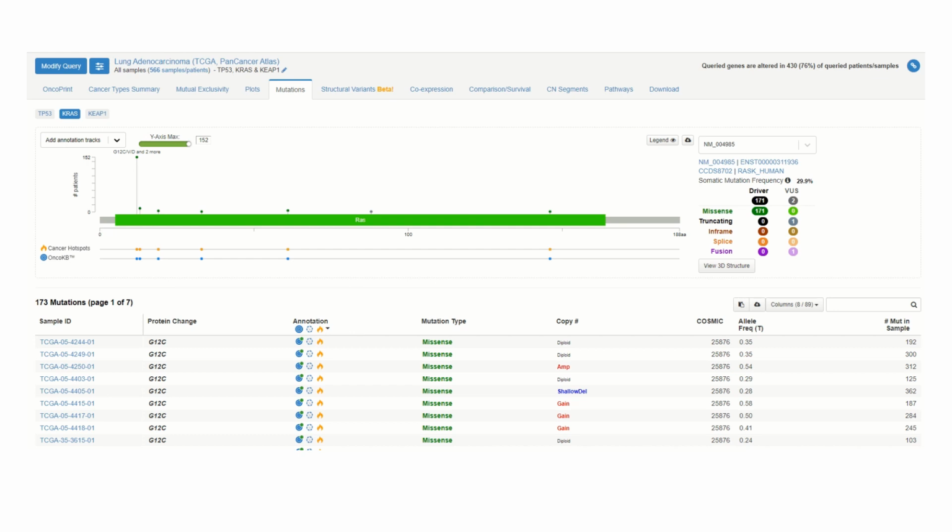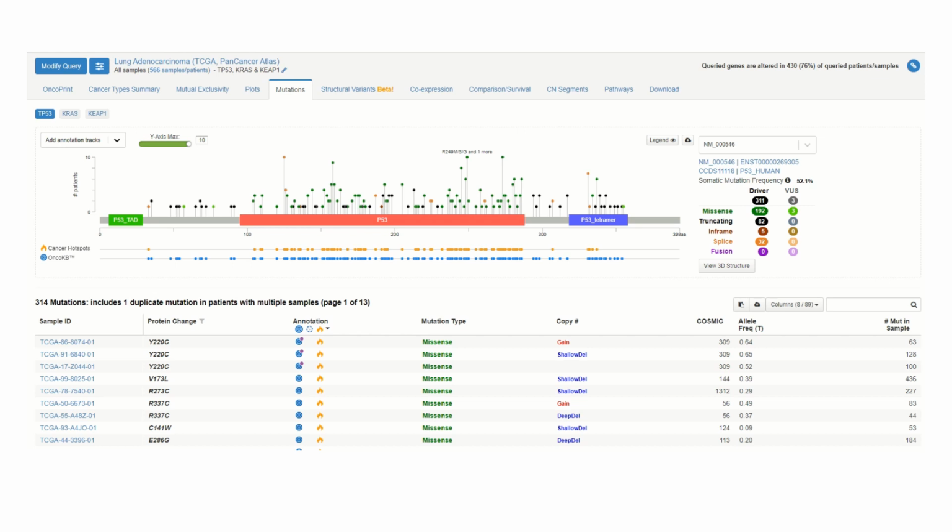For the loss of function example, we can go back to TP53. This gene has the highest frequency of mutations, which is 52.1%, and this gene usually undergoes loss of function mutations, which result in a loss of tumor suppressor activity.